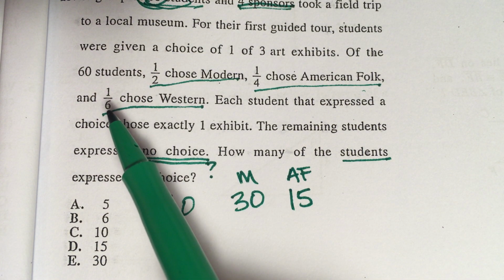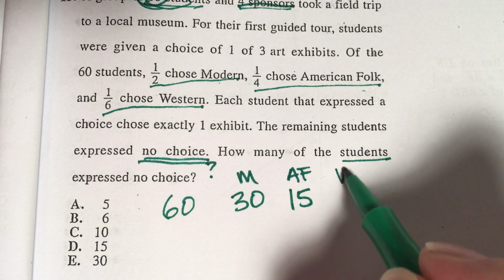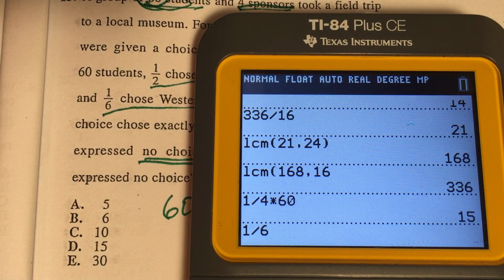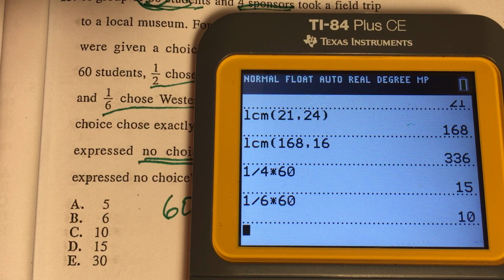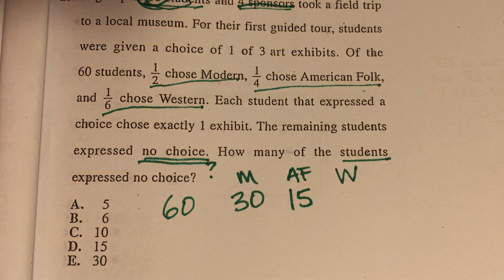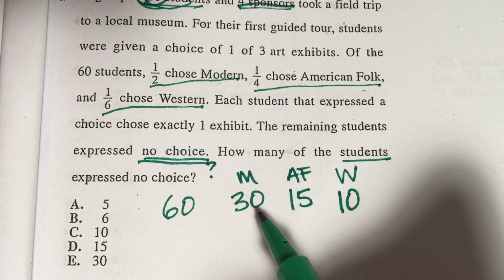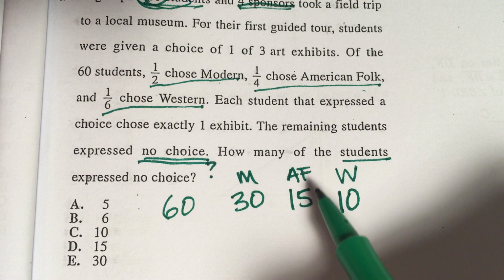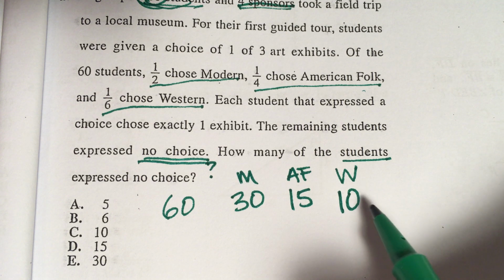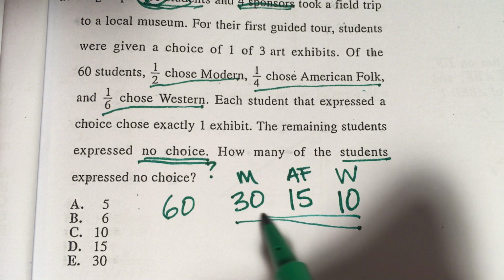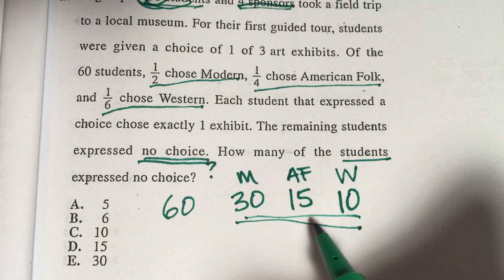And then it says 1/6 chose Western. So for Western, 1/6, I'm going to go ahead to my calculator. 1 divided by 6 times 60 would be 10, which makes sense because 6 times 10 is 60. So I have 10. So 30 chose modern, 15 chose this many, and 10 chose that one. So this is how many students chose, but then we remember there were some kids who didn't choose anything.